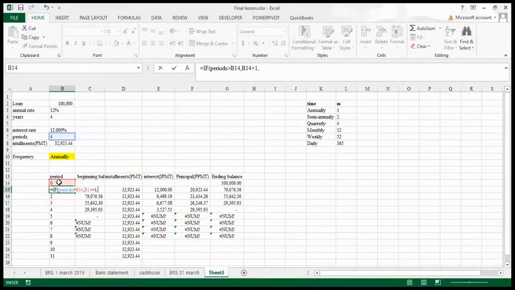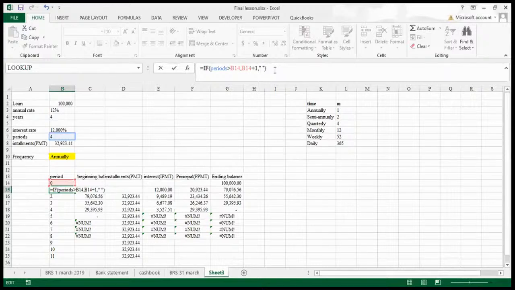If not, it should remain empty. That is my function up there. If the periods are greater than 0, it should take 0 plus 1. If not, the cell should remain empty. That's what I have there.